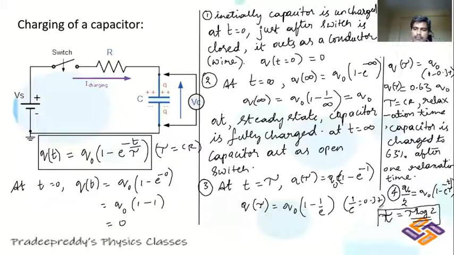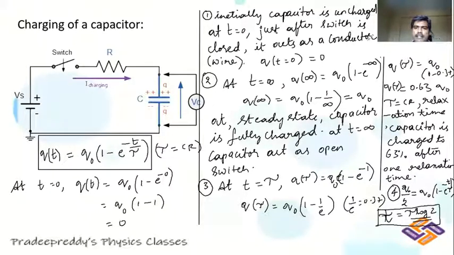And remember that at the initial time, the charge on the capacitor is 0, but the current in the resistor is maximum because the capacitor acts as a conductor. After the final time, that means at steady state, the capacitor acts as an open switch. Therefore, finally, the current in the circuit will become 0.